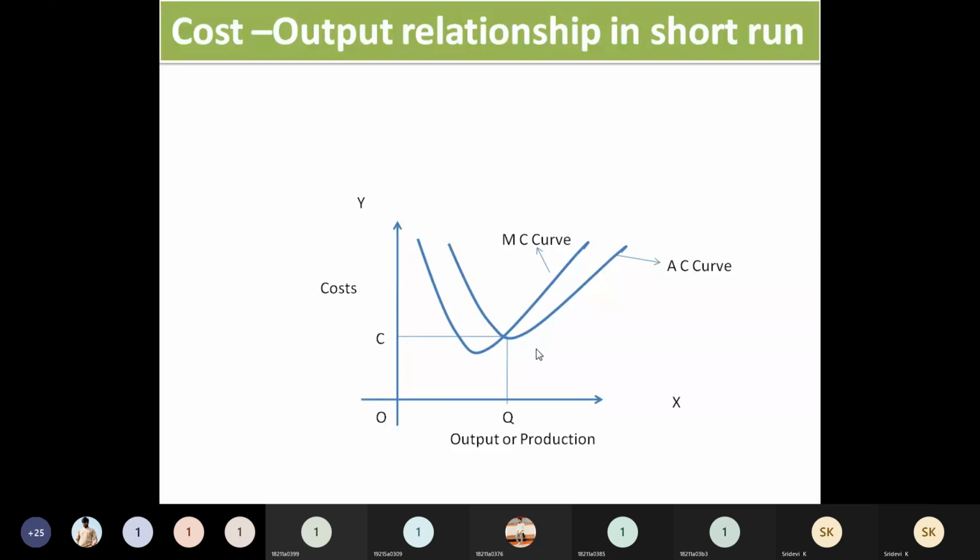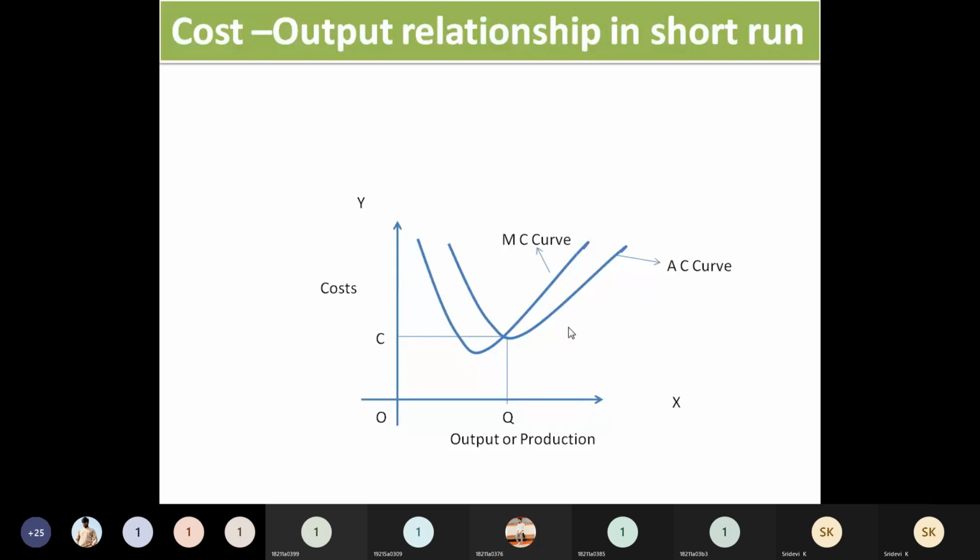If they are going to increase some more output than this Q point, their cost will be increasing more, which will increase the cost of production.